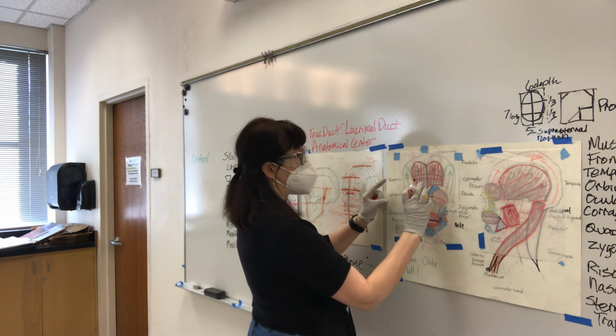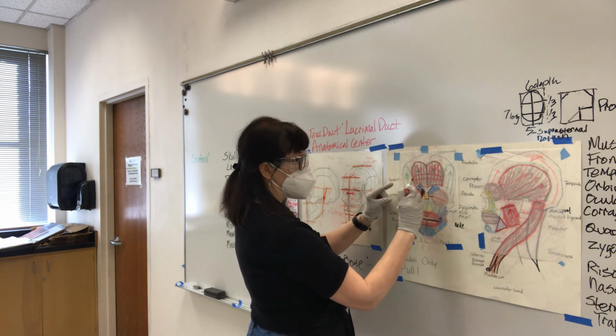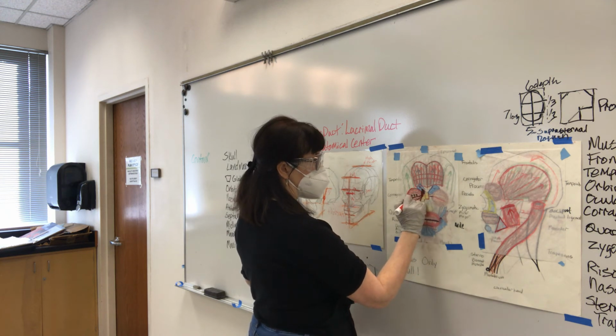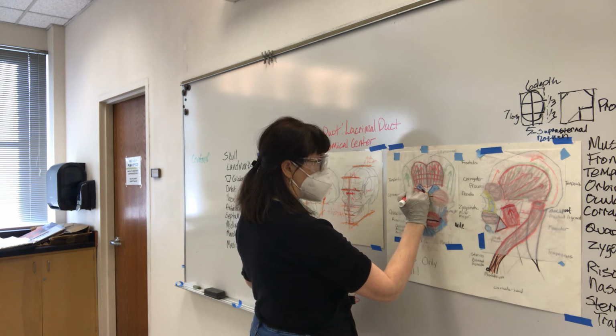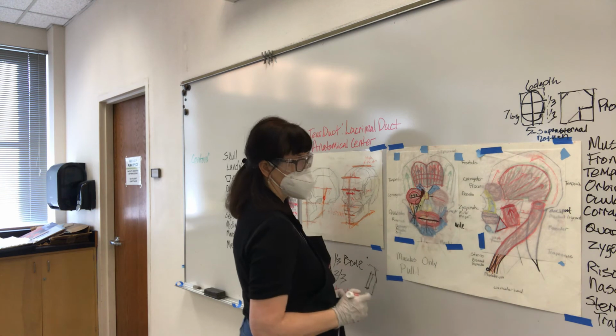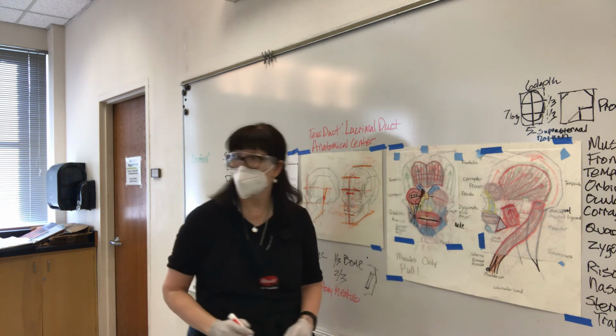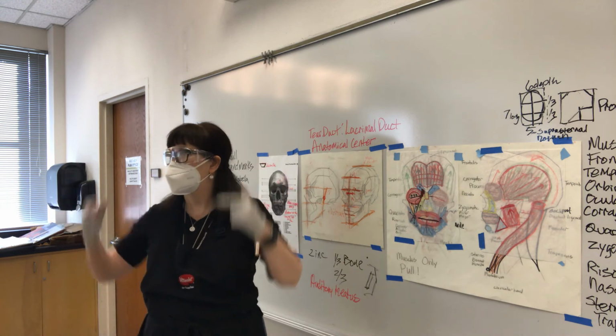So this compresses your eyelid. So here's the midline of the eye. Here's the levator palpebrae, ending in this tear duct. And this pulls up. Okay, pulls the lid up.